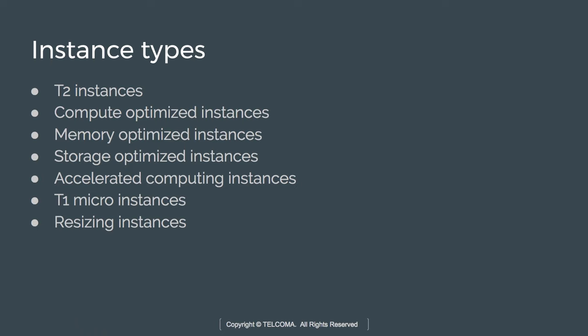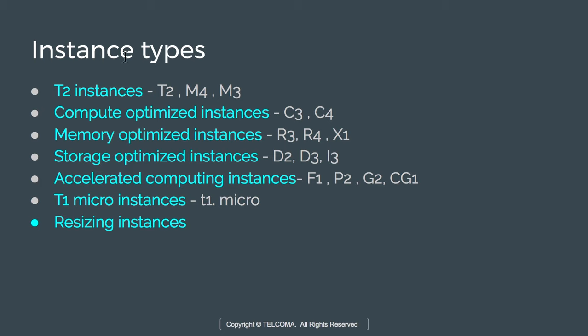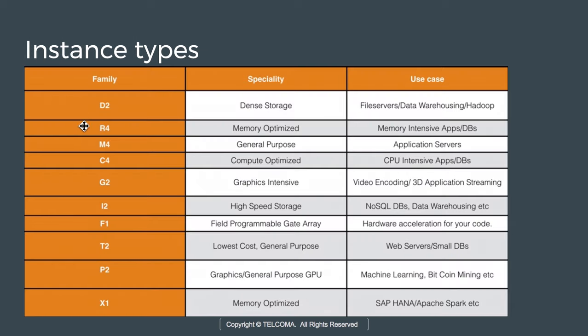So these are the various instance types. These are the families and these are the instances. Now we require to choose the instance as per our requirement. This is a family of all the instances we can see here: D2, R4, M4, C4, G2, I2, F1, T2, P2 and X1. We can see memory optimized and the use cases where they can be used.